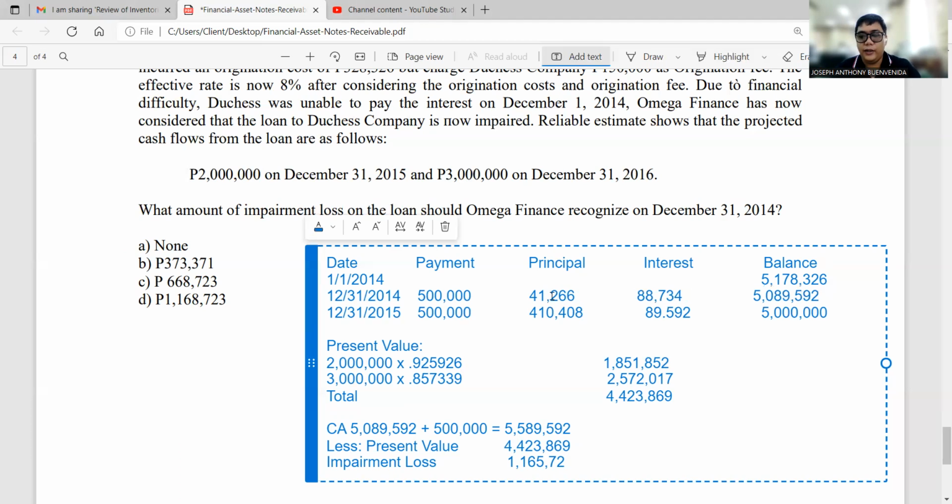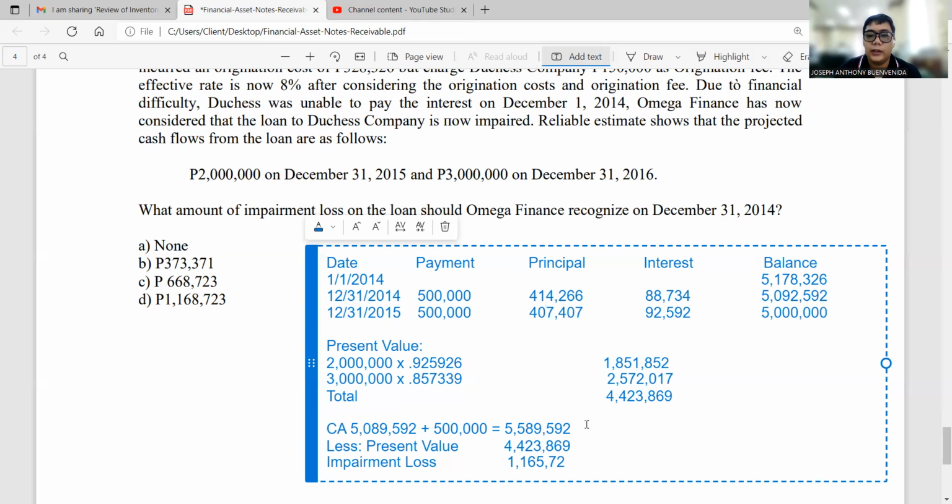Okay, so ang value niya is 414,266, then 592.